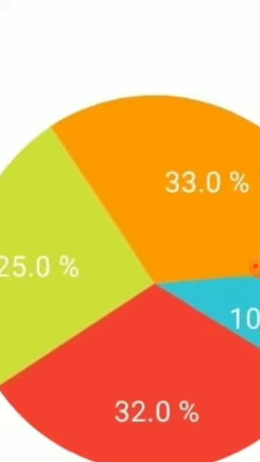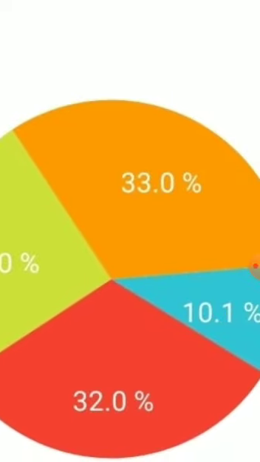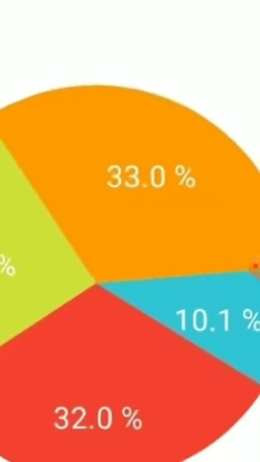And the rest of the land is either used for other purposes or is unproductive. So that is around 33% of the land of the world, either used for other purposes like residential purposes or for factory sites, or unproductive land, and that share is around 33%.